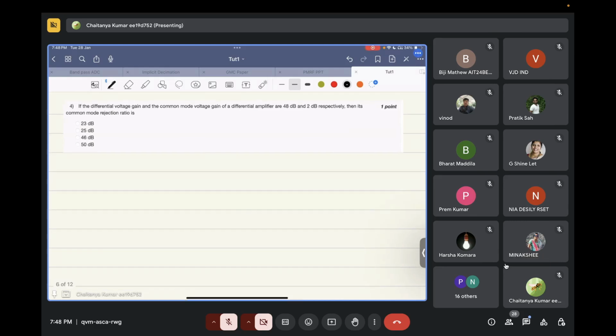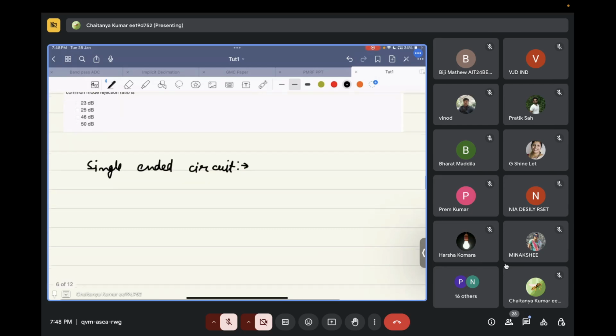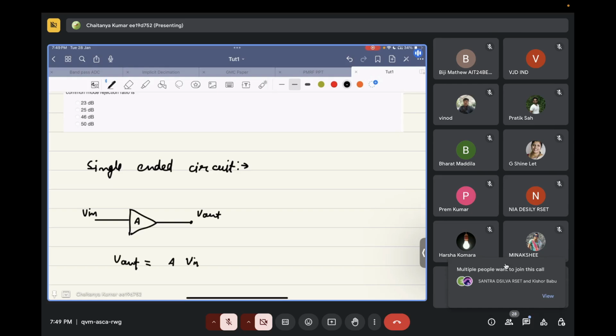Now, what is a single-ended circuit? Let's say it has a single input. There is some gain between that, and we have some output over here. So V out is equal to A times V in.